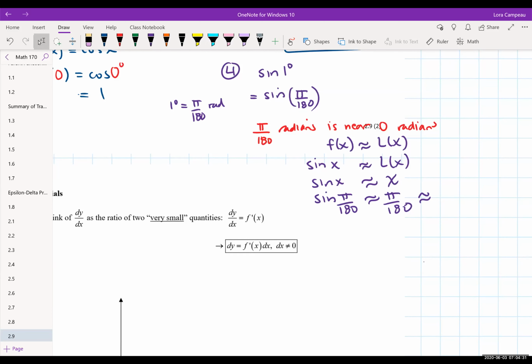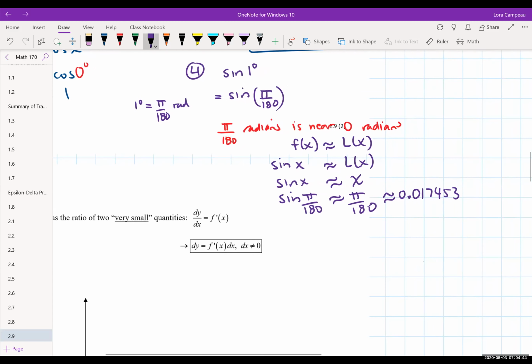If I type in pi divided by 180, I'll give you a few decimal places. What is that? 0.017453. There's a few more. So either version works, the approximation.